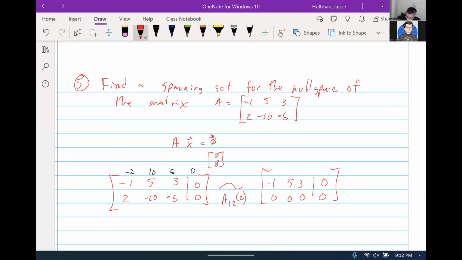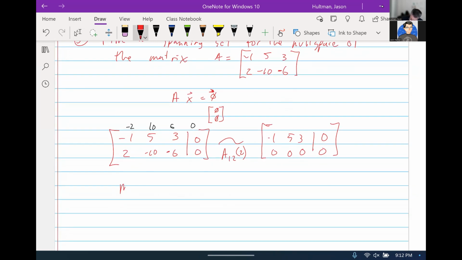Okay, and then I could multiply the top row by -1. And that would give me 1, -5, -3, 0, 0, 0, 0, 0.